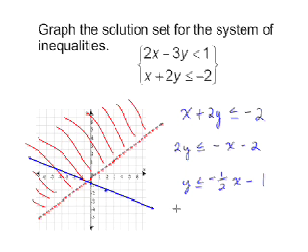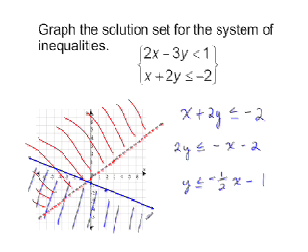And this is a less than situation, so we will shade below the line. Or if I choose the test point 0, 0, substitute 0 for x, 0 for y, it will make this statement false. So I want to shade away from the test point 0, 0. So we would be shading all of this down here.